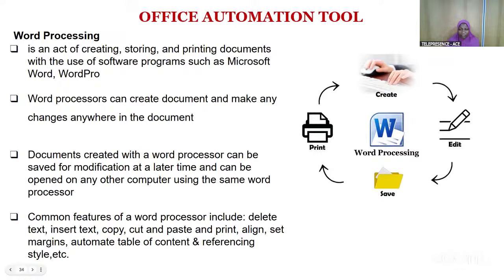You can save, having a soft copy. You can print, having a hard copy. These are what you can do with document creation using word processing as an office automation tool.